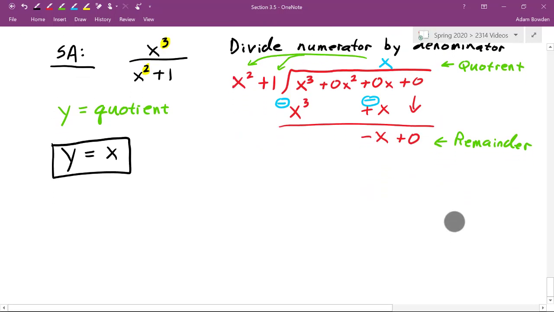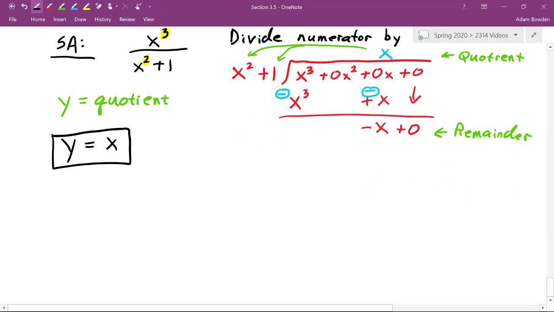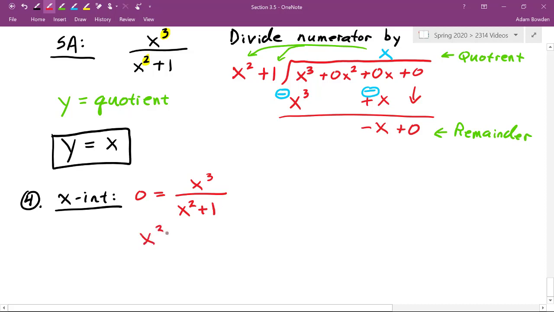We'll go through now and figure out the intercepts. So starting off with the x-intercept, we set it equal to 0, solve for x. Well, here's another situation where we're really just looking at the numerator equal to 0, which tells us that x is equal to 0.